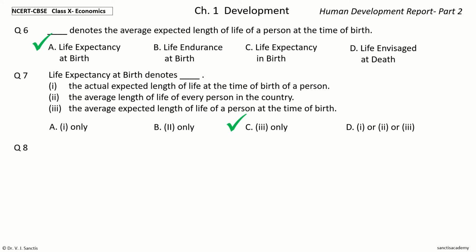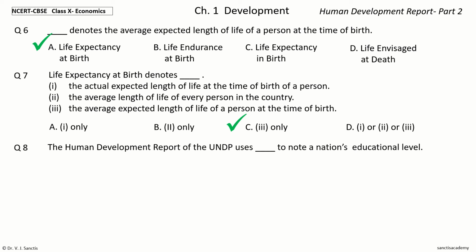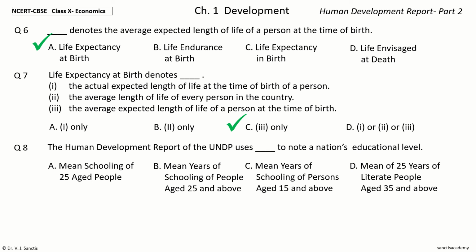Question 8. The Human Development Report of the UNDP uses dash to note a nation's educational level. The options are mean schooling of 25 aged people, mean years of schooling of people aged 25 and above, mean years of schooling of persons aged 15 and above, mean of 25 years of literate people aged 35 and above.